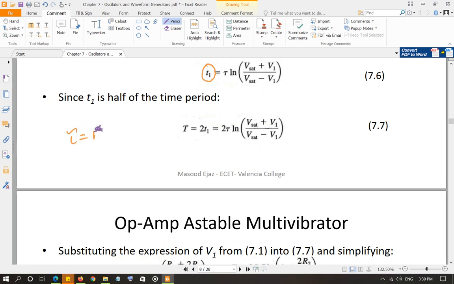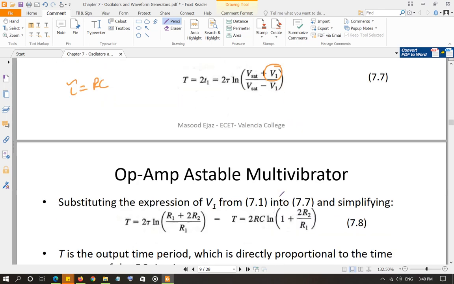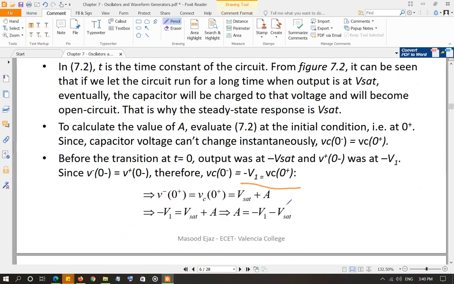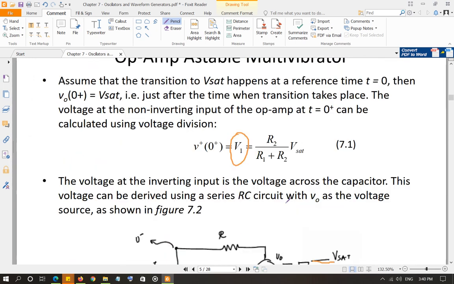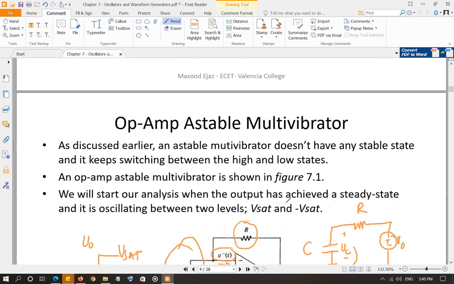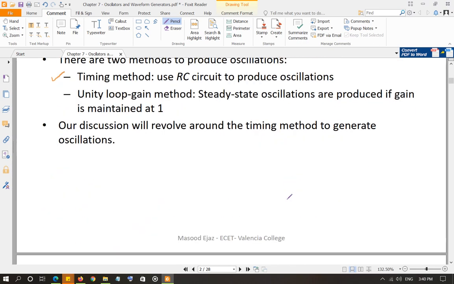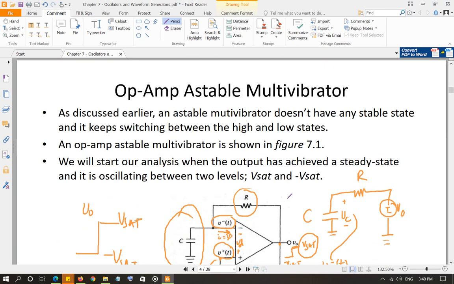So tau is RC, and then we substitute the value of V1 from 7.1. As we know, 7.1 is when we were calculating the value of the positive voltage right here. Let me remind you.